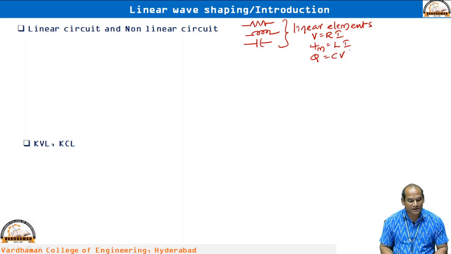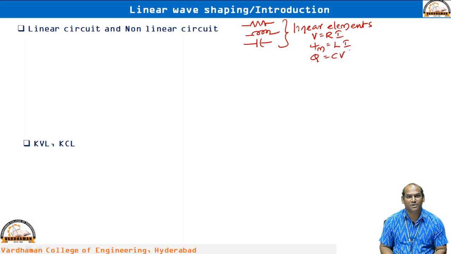Then what is a linear circuit? The circuit which comprises all linear elements, then we can tell that particular circuit is a linear circuit. For example, if 100 elements are there in the circuit, all those 100 elements must be linear elements only. You may have a combination of RLC, you may have only resistors, you may have a combination of resistor and inductor, any combination using these three components, and that particular circuit is said to be a linear circuit.